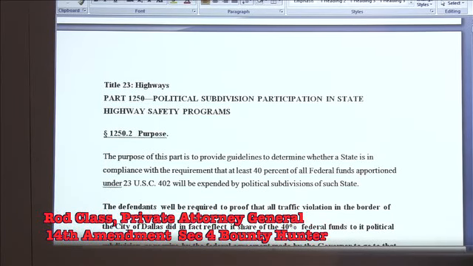Section 1250.2, Purpose. The purpose of this part is to provide guidelines to determine whether a state is in compliance with the requirements that at least 40% of all federal funding apportioned under 23 U.S.C. 402 will be expended by a political subdivision of such state.